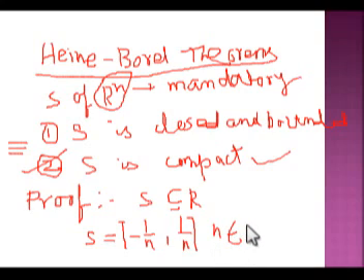This collection of intervals you can easily see is an open cover of R. Since n can be any natural number, it must be an open cover of S, because S is a subset of R. So this is an open cover of R, and it is an open cover of S also.